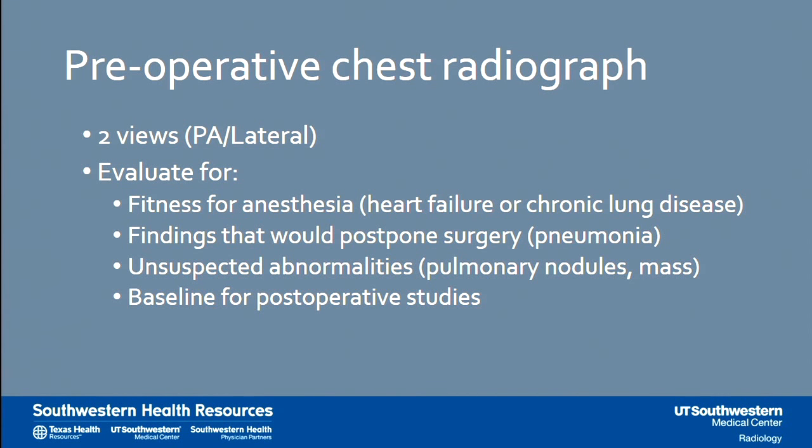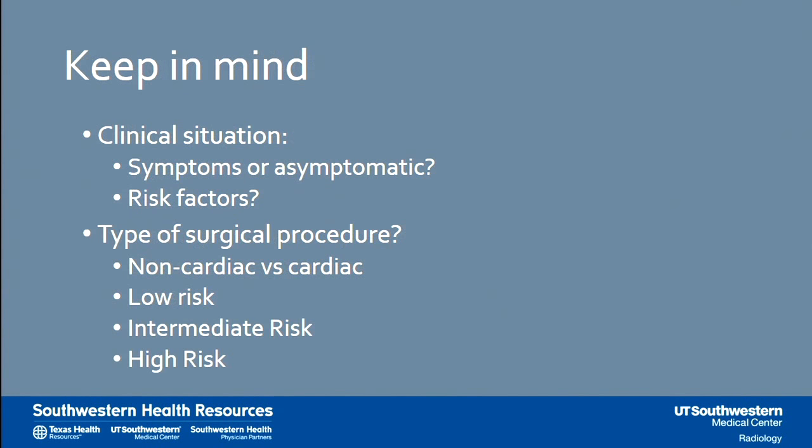If you found a pneumonia and they're supposed to undergo a joint replacement, you'd obviously want to postpone that. Some things you might find may preclude the need for surgery altogether. If they were undergoing a liver transplant and you found lung cancer, you wouldn't want to go forward with a liver transplant. And it's also a baseline for postoperative studies. That's mostly for cardiac imaging, cardiac transplant, and cardiac bypass surgery.